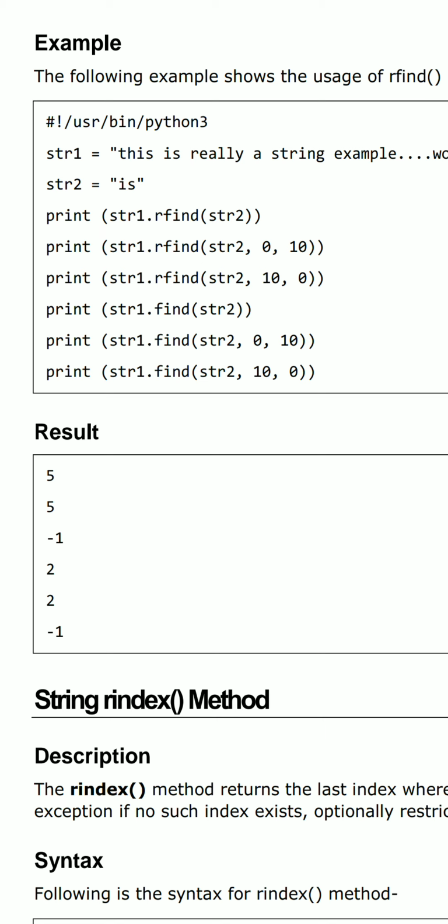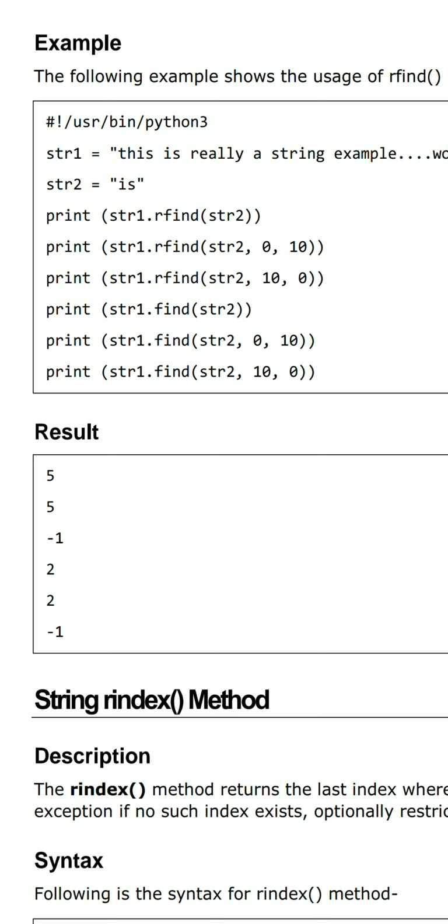That means I have to find where str2 is present in str1, that is in "this is really a string example". The compiler found str2 in str1 at the fifth position. That's why I get the result 5 for the statement print(str1.rfind(str2)).